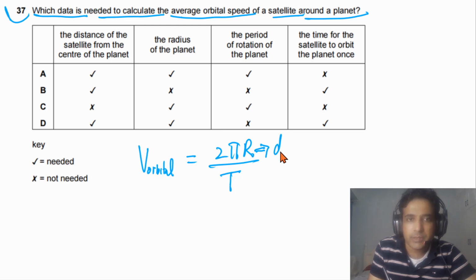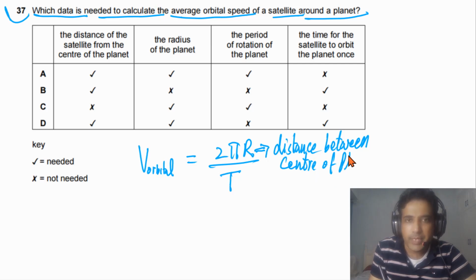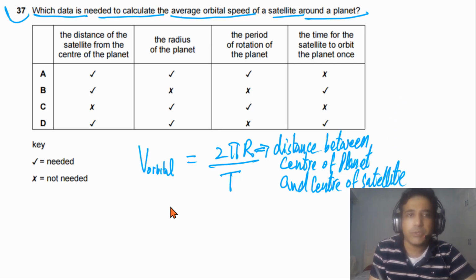This is the distance from the center of the planet, the distance between the center of the planet and the center of the satellite. This point is very important, you need to understand: the center of the satellite. So we can also sketch this one.